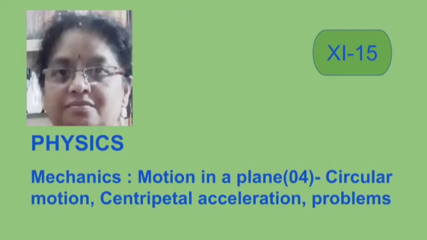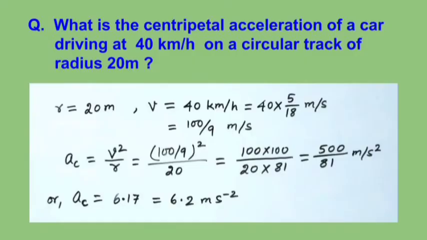Using various expressions, now we can solve simple numerical problems of circular motion. The first question is, what is the centripetal acceleration of a car driving at 40 km per hour on a circular track of radius 20 meter?